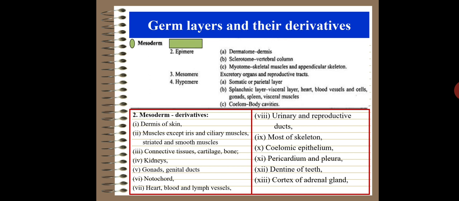Most of the skeleton will form from mesoderm, as well as coelomic epithelium, pericardium and pleura. Pericardium is a thick membrane which is present around the heart. In the same way, pleura is also a thick membrane which covers the lungs. Also dentin of the teeth and cortex of the adrenal gland. These are the derivatives of mesoderm totally.